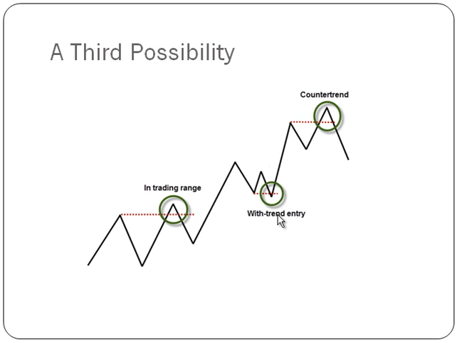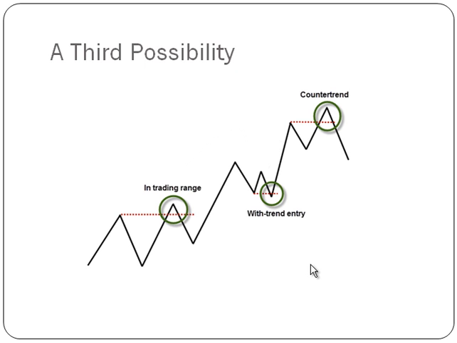And this is why I don't want to dig into this too much, because we're putting together the concepts of a pullback with a failure test. It's a little bit more advanced. I'll cover that soon. But you would have a long failure test entry against this pivot, and that would be a with trend entry on a failure test.